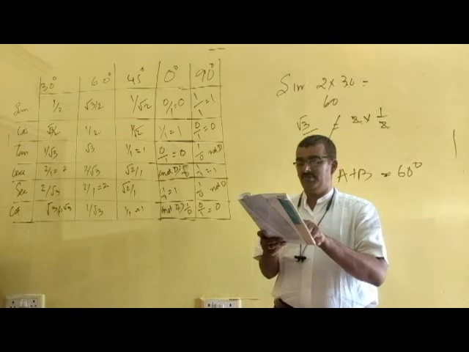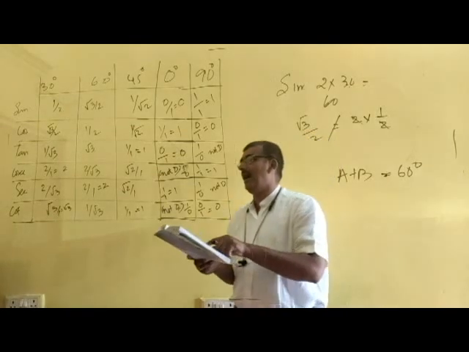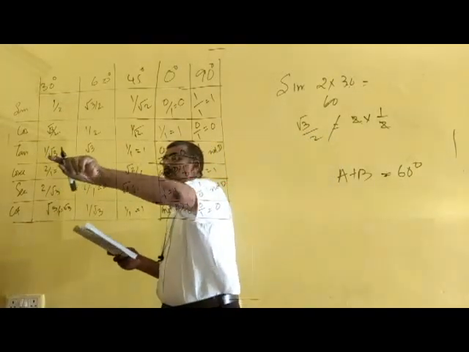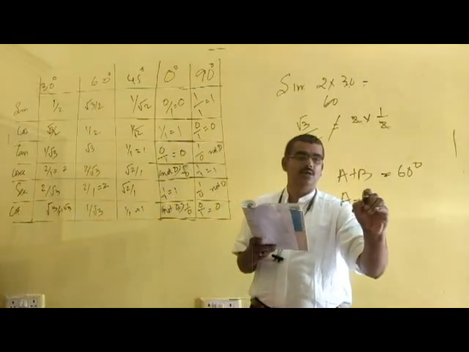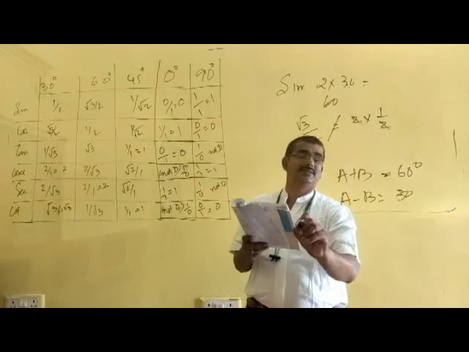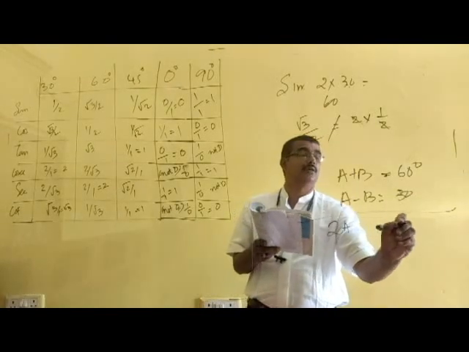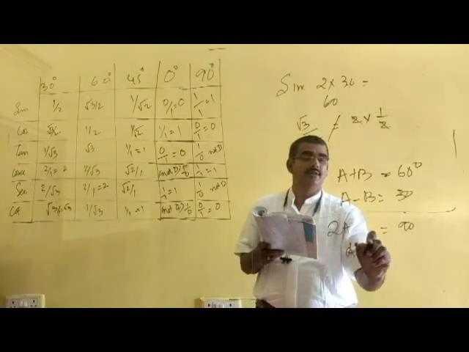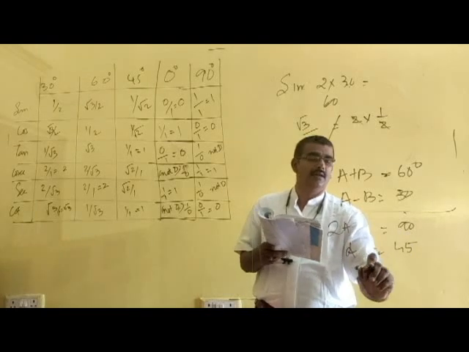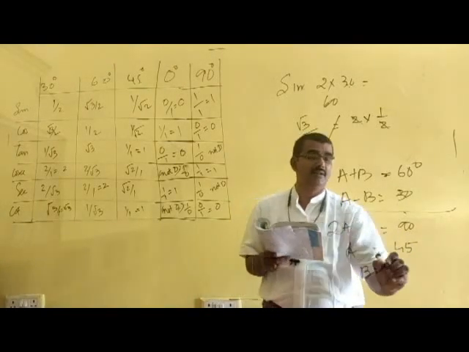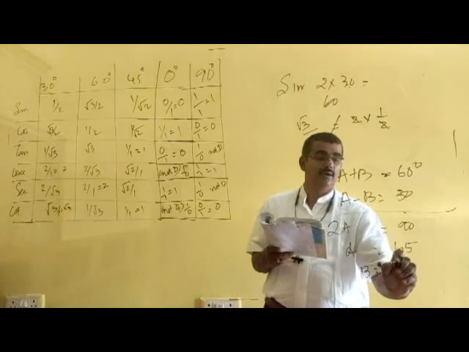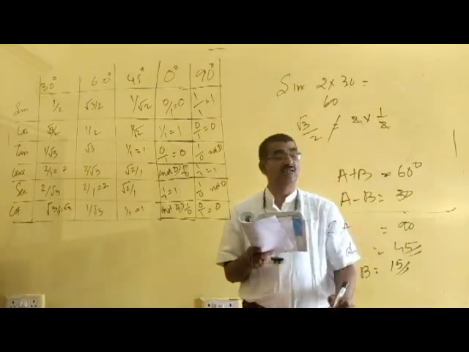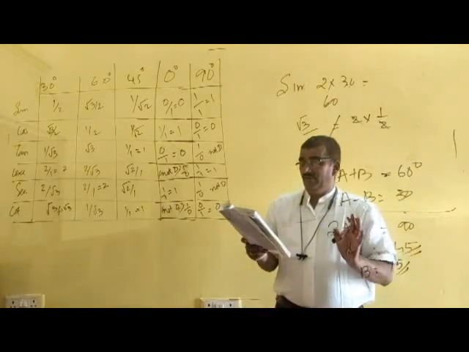Then tan of A minus B is equal to 1 by root 3, so A minus B is equal to 30 degree. Just solve it. 2A is equal to 90, so A is equal to 45. B is equal to what? 45 minus B is equal to 30, so you will get the answer 15. I think you can calculate it and find that answer.